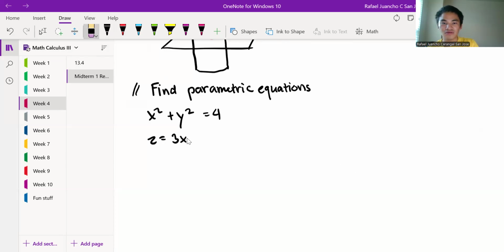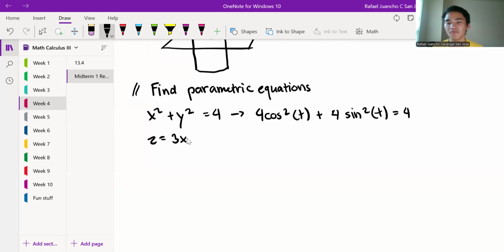Well, okay, we can say this thing could be equal to 4 cosine squared of t plus 4 sine squared of t, which is equal to 4. How do I know this? Well, cosine squared plus sine squared is 1. It's a basic trigonometry identity.